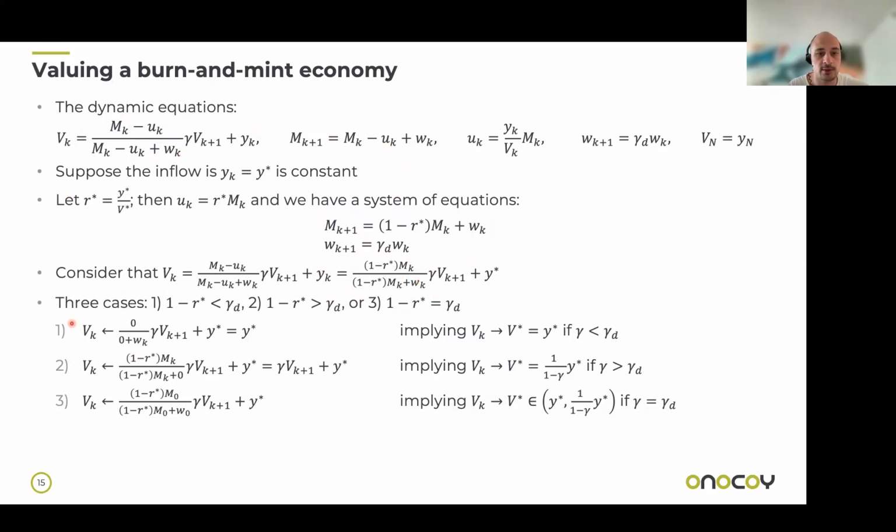In case one, where W dominates, this term is zero, and your V is equal to just the revenue.